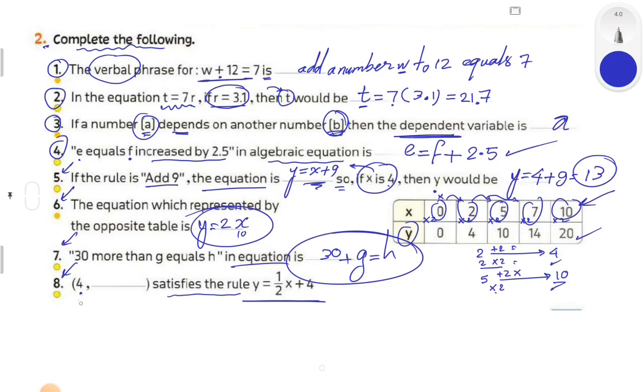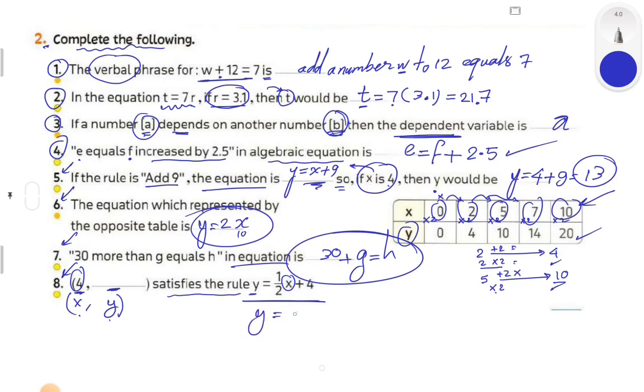This means the x value is 4, so this blank is the value of y when x equals 4. Now we have the ordered pair x and y. I know the x value, so I need to find out the y value. I have this rule, so just put 4 instead of x and find the value of y.